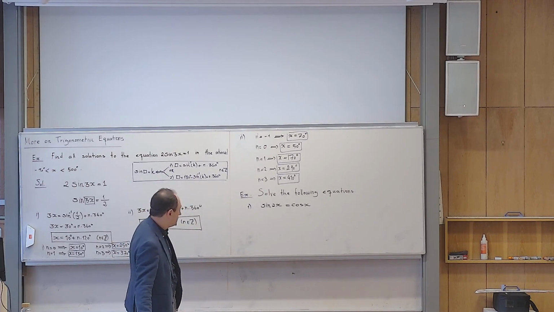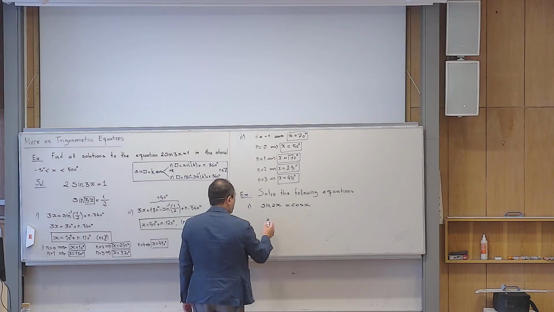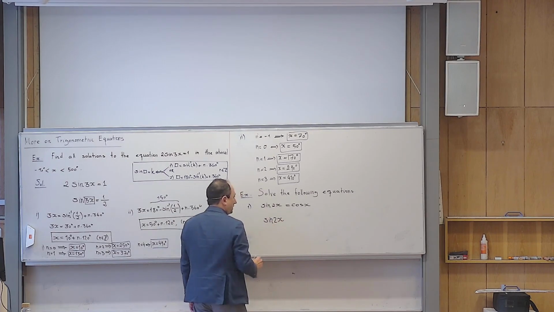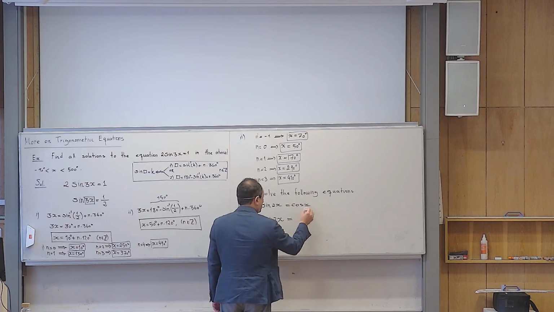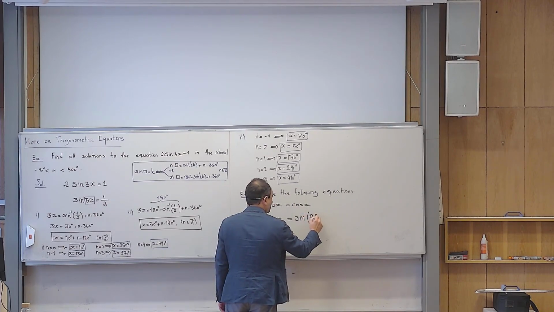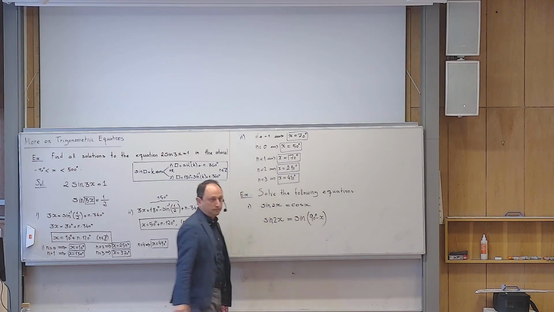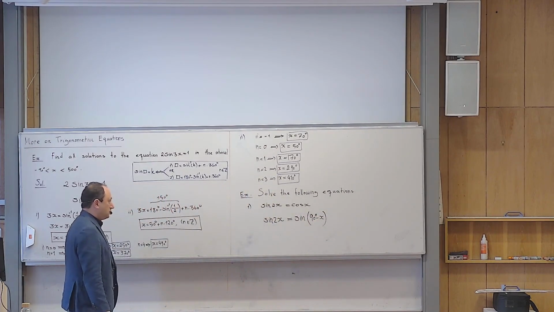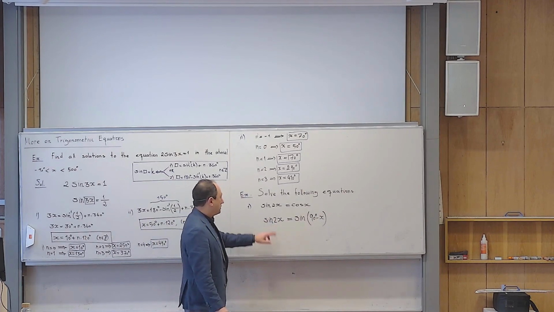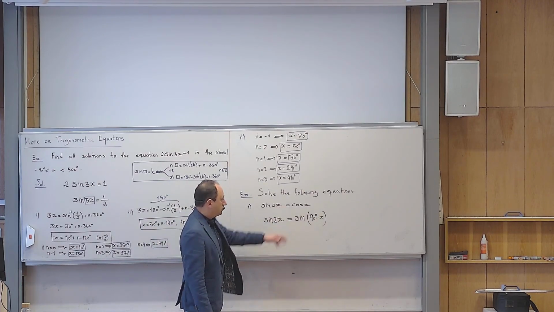So you keep sine 2x as it is, and instead of cosine x, you write sine of its complement. The complement of this angle is 90 degrees minus x. Okay, now is it standard? The answer is yes, because I have sine on one side, sine on the other side.